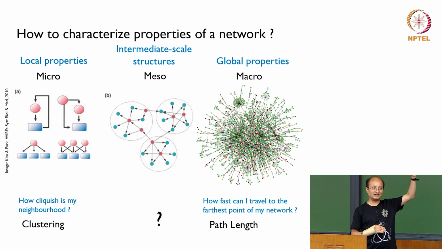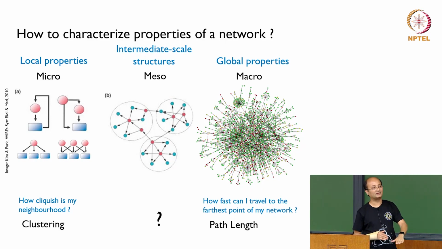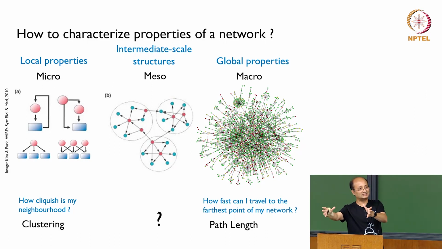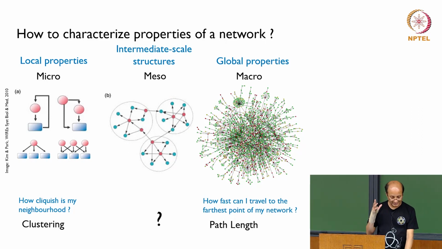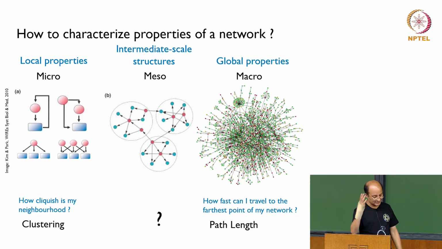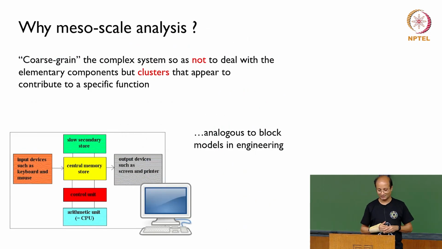It's not at the level of the entire network, it's not the level of a single node and its neighborhood, but rather one set of nodes, how do they talk to another set of nodes, and how do they communicate with each other, and so on. There are 3 such meso properties that I'll focus on, and I'll try to show why they're so important.